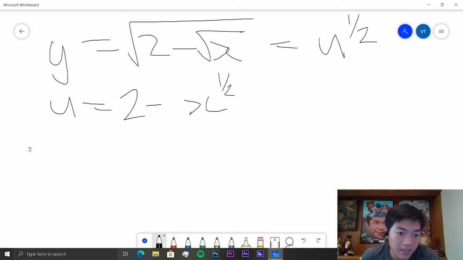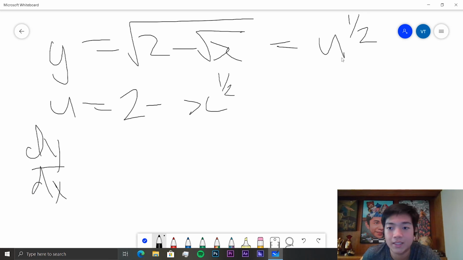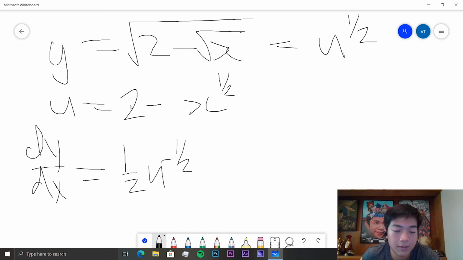Well, what's dy over dx? dy over dx will be dy over du, which is 1/2 u to the negative 1/2, times du over dx, which is equal to negative 1/2 x to the negative 1/2.